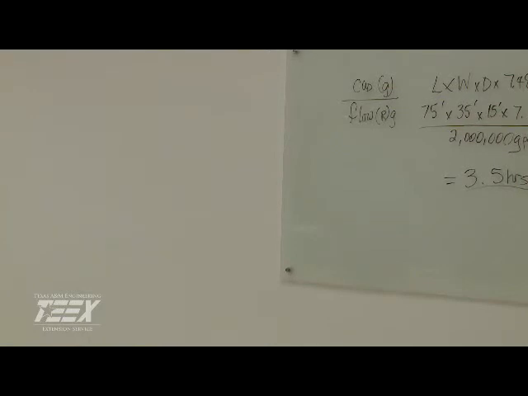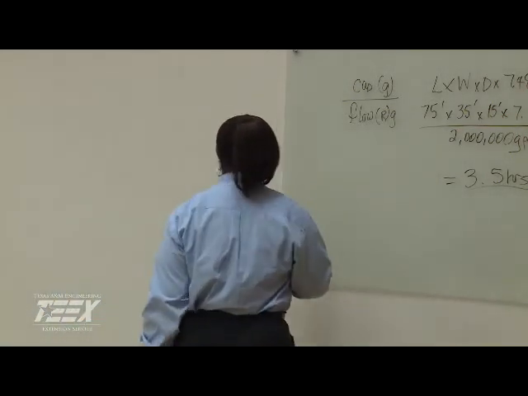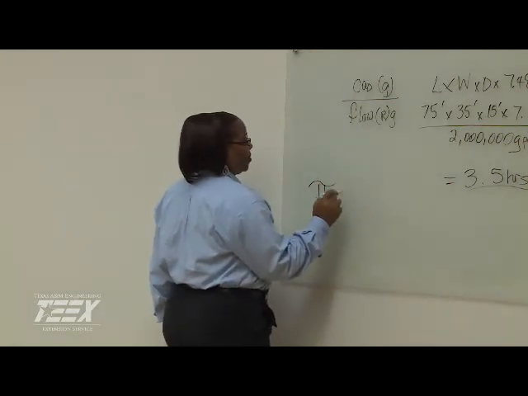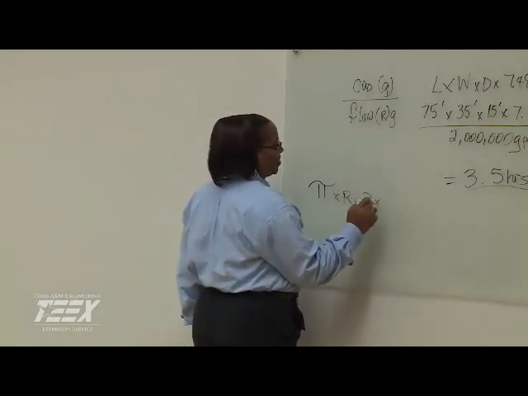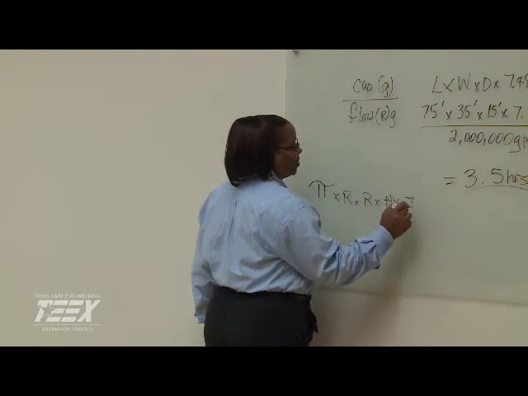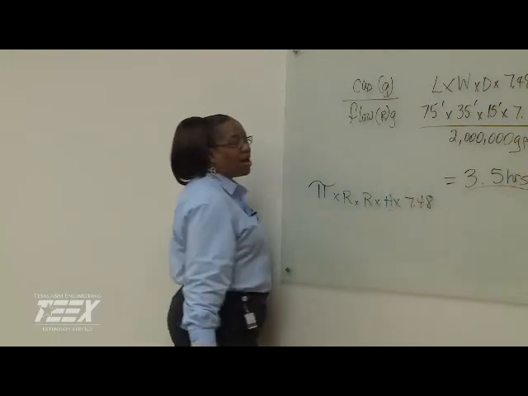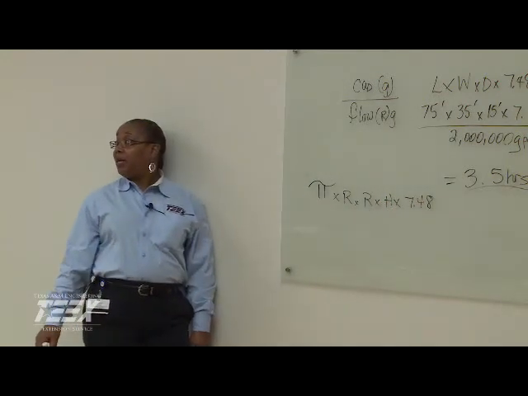Point me in the right direction on number 5. We've got to do the pi r squared. I thought pies were round. So once I do the pi, we're going to plug it in.